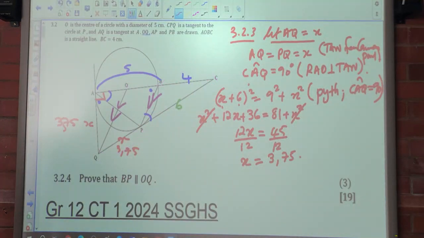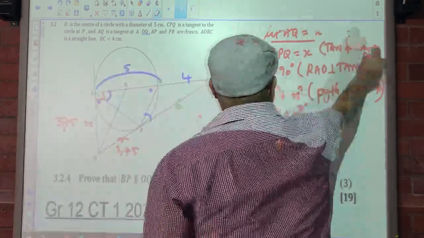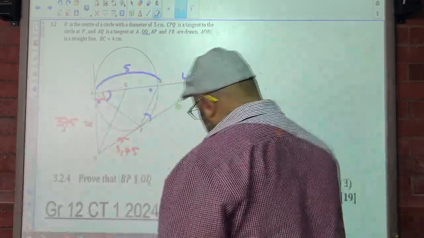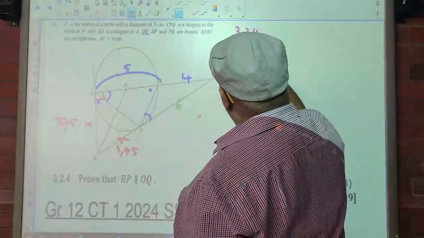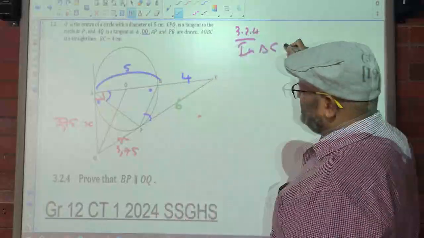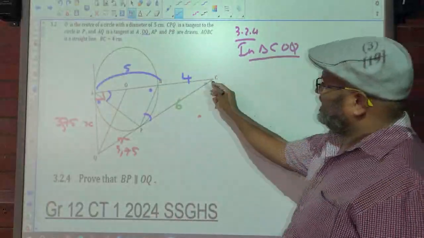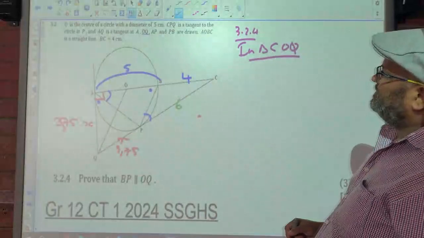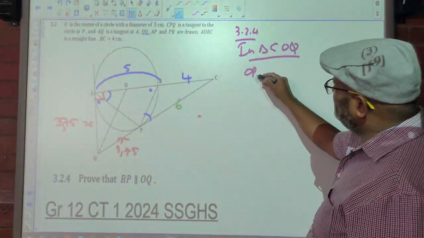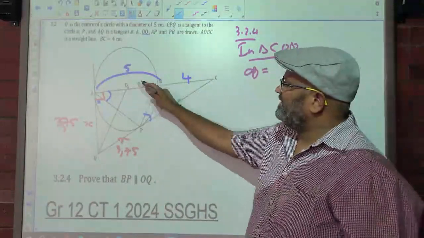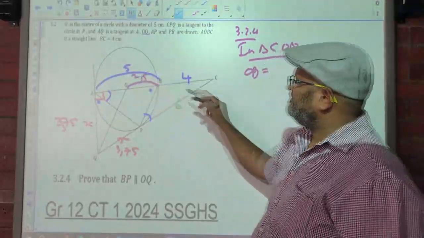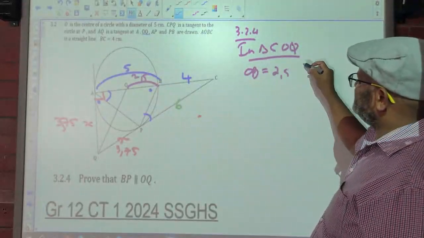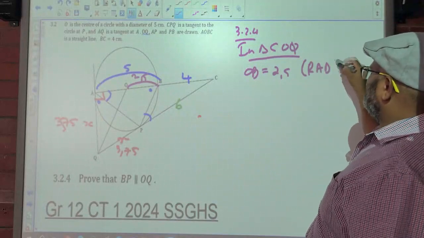So let's go. You don't have to say this, but I'm going to write the intra-angle. This is now 3.2.4. Intra-angle COQ in this triangle. We know that OB is equal to, what's the length of OB? 2.5. Where are we getting that from? The radius. Not so?